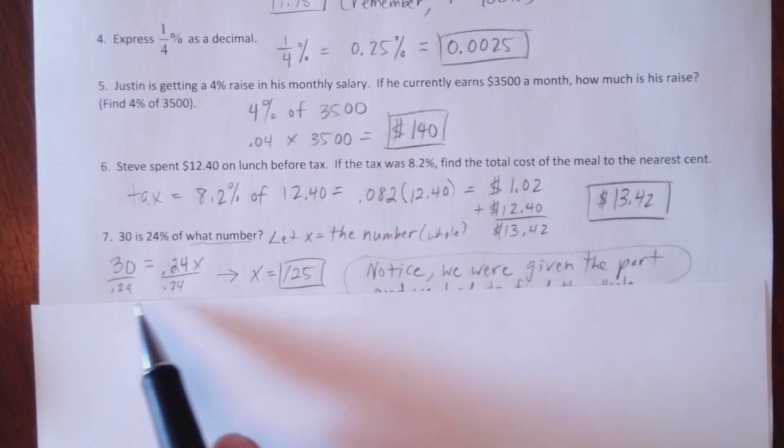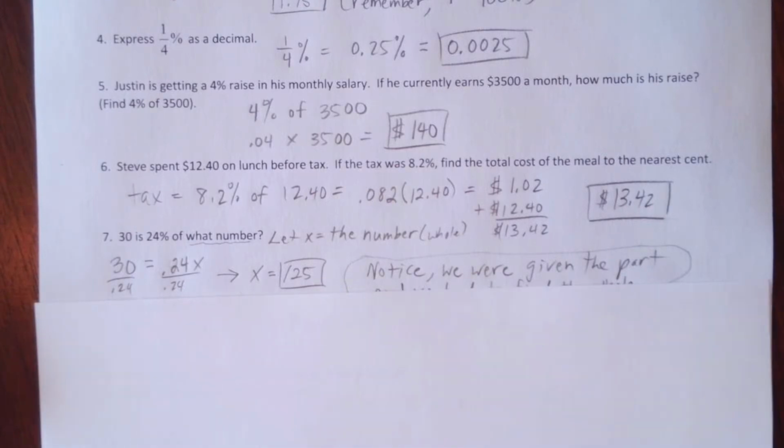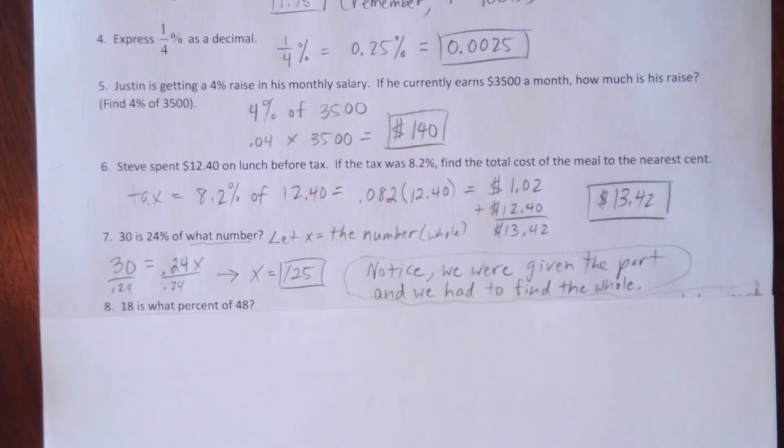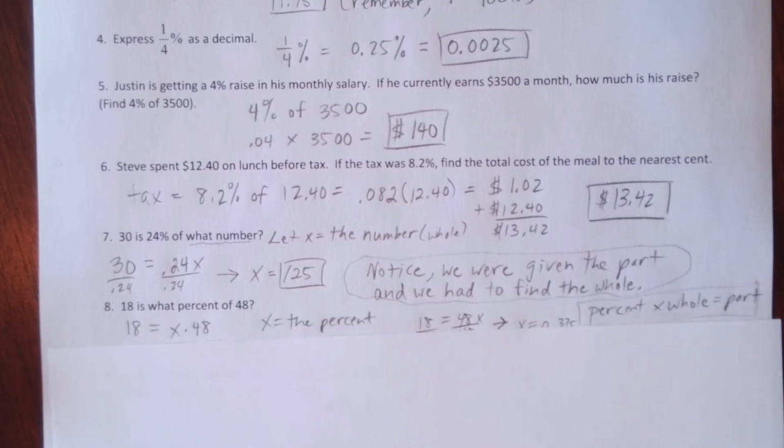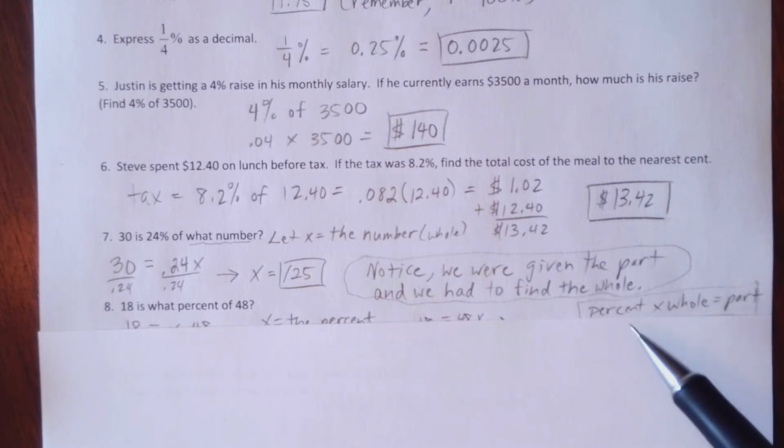And you'll notice when I do that, you get 125. Again, notice we were given the part and we had to find the whole. I would remind you that the percent equation is basically percent of whole equals part, or percent times whole equals part. So we can do the same kind of thing on number 8.